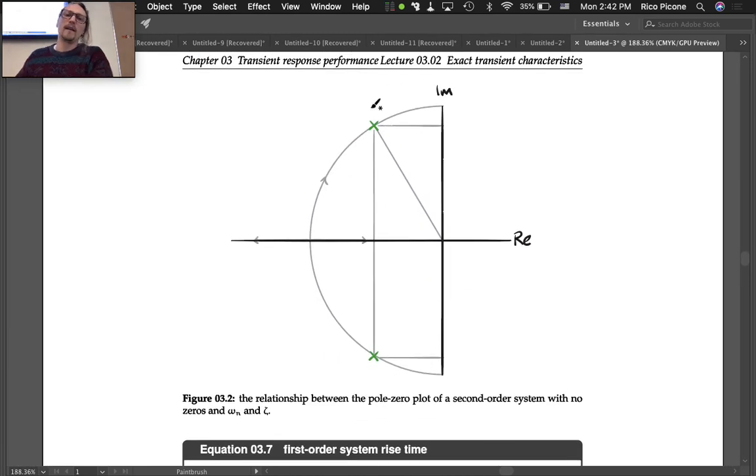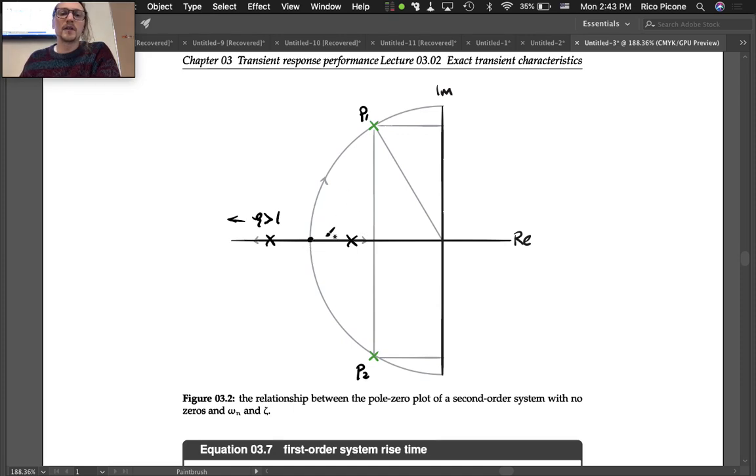So you've got one pole, you've got another pole, and they're either going to come up as complex conjugate pairs, or they might show up as a real pair as well. That can also happen. So remember that the damping ratio being greater than 1 is all this stuff out here, right? Zeta being greater than 1 means that the poles are on the real axis.